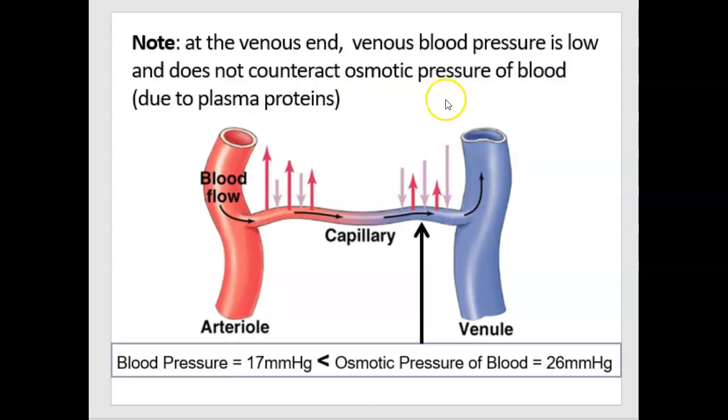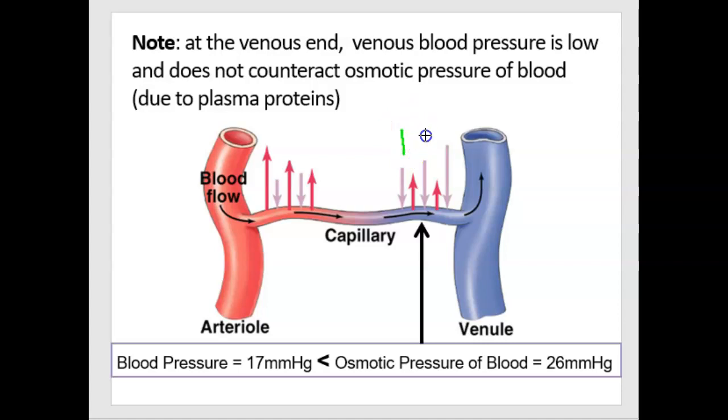One thing to note, that at the venous end, blood pressure is low, right? It was 17. And it cannot counteract the osmotic pressure of the blood. So remember, blood pressure is an outward movement.